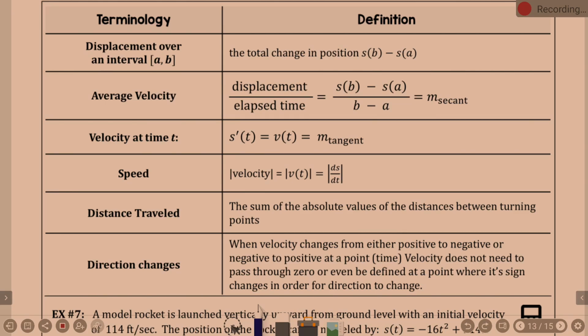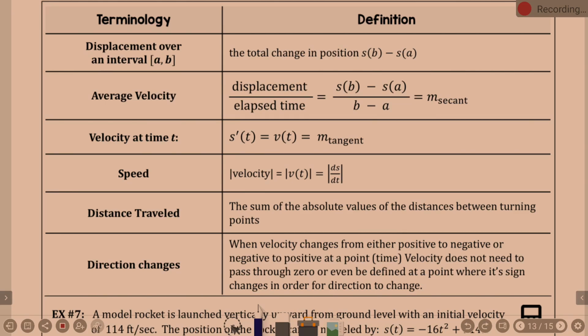And that's where I said, you go forward and backwards, you're adding all those increments up, right? And then direction changes. When velocity changes from either positive to negative or negative to positive, velocity does not need to pass through zero or even be defined at a point where it's a sign change in order for direction to change. Okay, so basically that velocity change there.